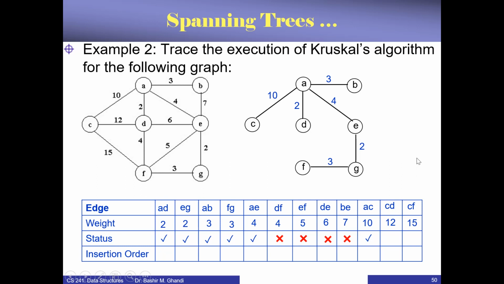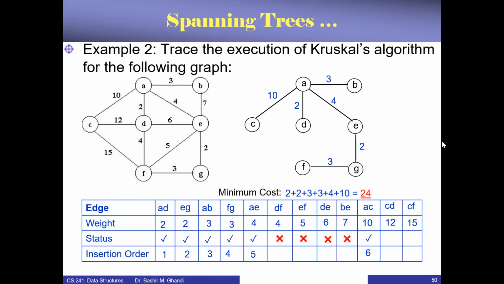This is the final minimum spanning tree you're going to get. The last row here, as I mentioned at the beginning, is not necessary. If you are doing it in an exam, you don't have to keep this row. It is only telling us the order of accepting the edges, which is basically the order of the edges because they are already sorted. So the ordering is 1, 2, 3, 4, 5, 6, as you can see here.